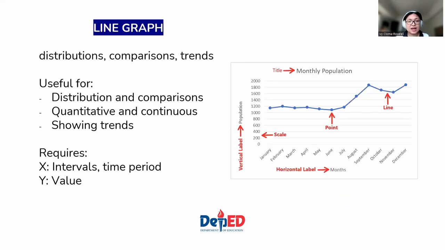Next, the line graph, another very popular form of data visualization. We use this when we want to show trends, right? Distribution or comparisons or trends. So when we have a line graph, we should have an x-axis, horizontal label, and a y-axis, a vertical label.